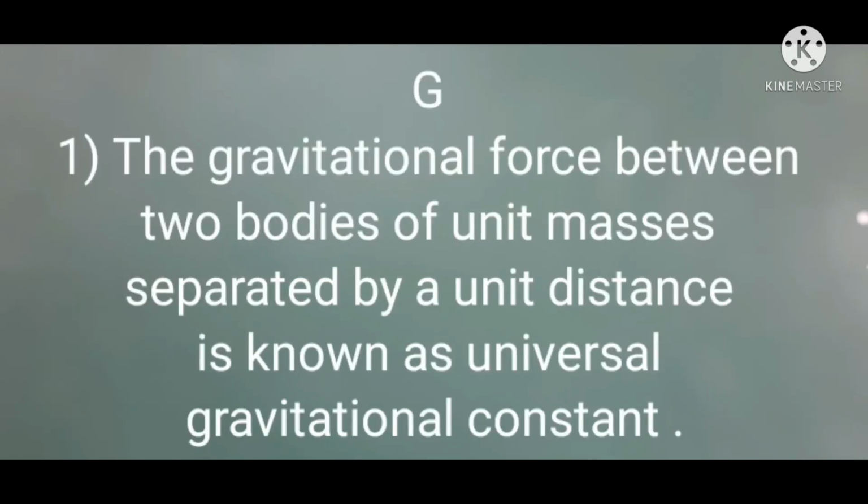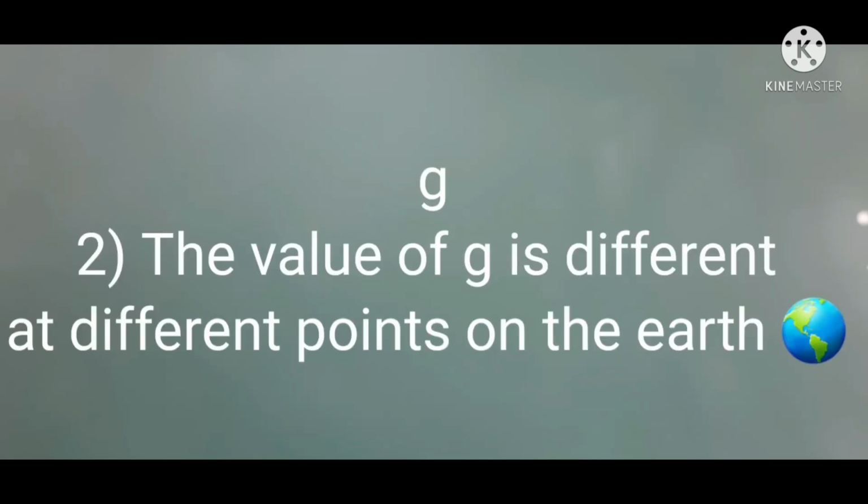Now, the gravitational force between two bodies of unit masses separated by a unit distance is known as universal gravitational constant. Number 2. The value of small g is different at different points on the earth.